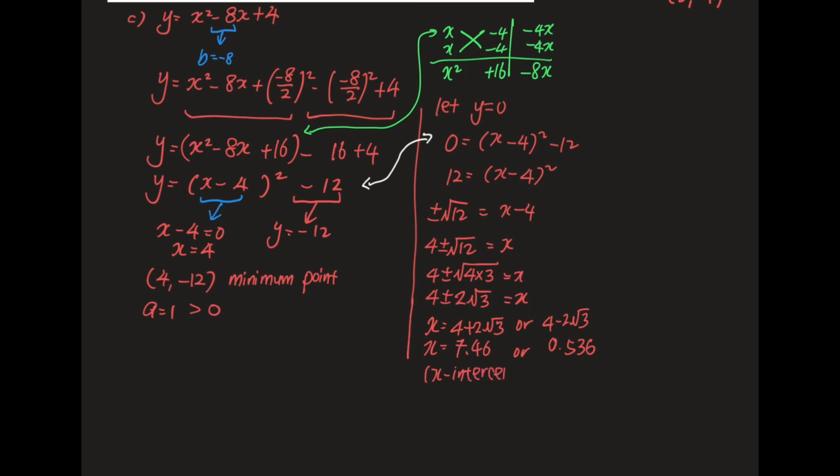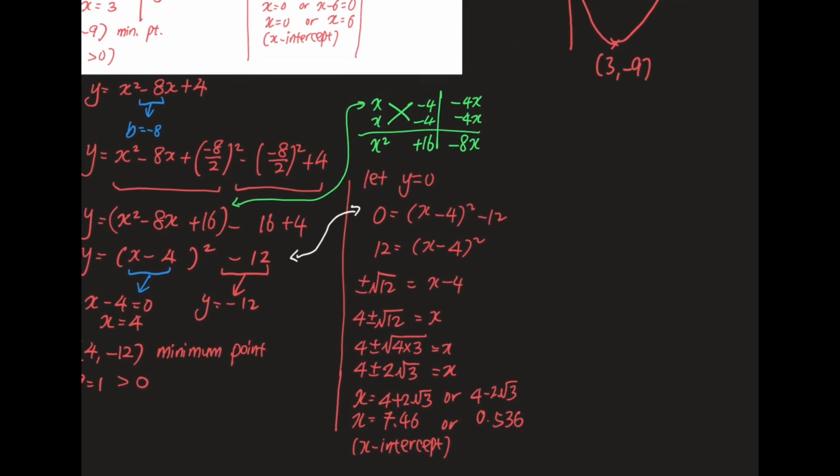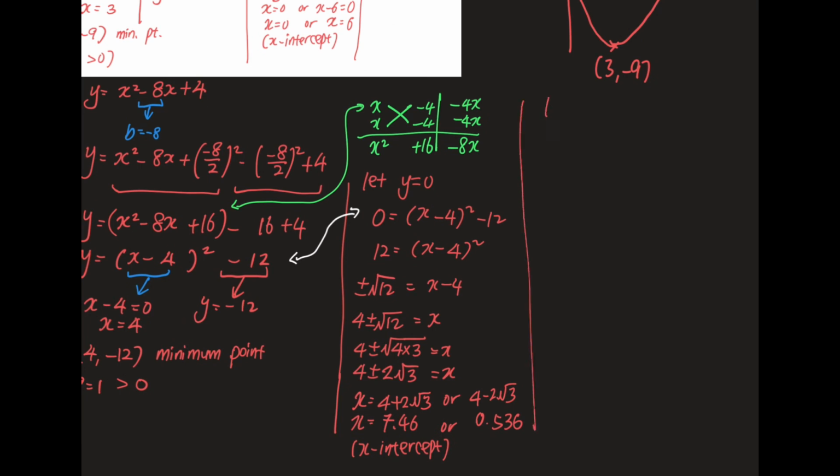Then we just find the y-intercept. So we let x equal to 0. And imagine I substitute into this equation. Then I get y equal to 0 squared minus 8 times 0 plus 4. I get y equal to 4. This is the y-intercept. Now we sketch the graph.